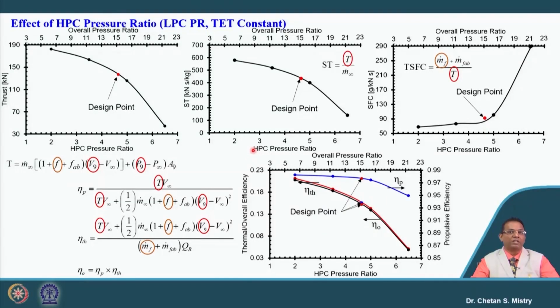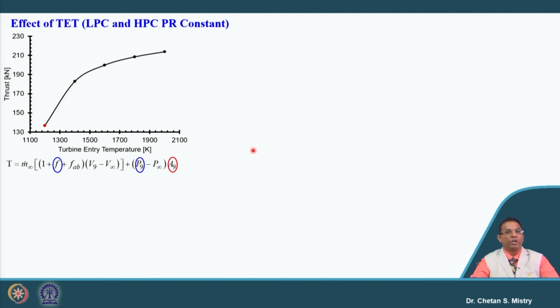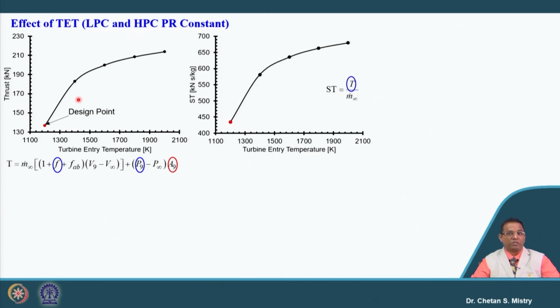So, for that let us take the effect of turbine entry temperature, we will be keeping our overall pressure ratio constant. So, here in this case if we look at, this is representing my design point, and it says if we are increasing our turbine entry temperature, we have a rise of our V9, we are having an increase of our A9, and that is what will lead to an increase of our thrust.